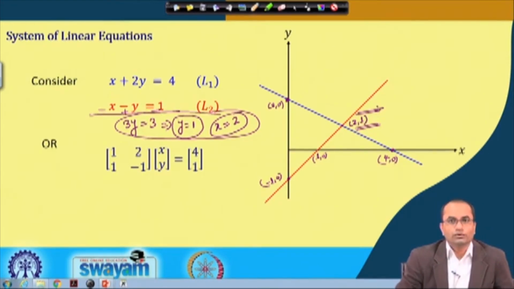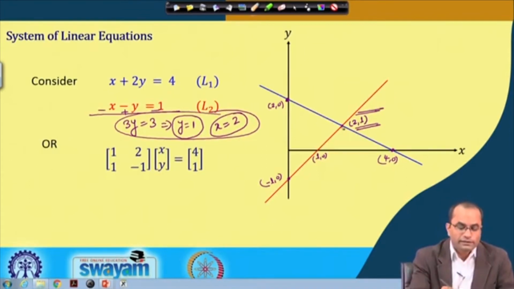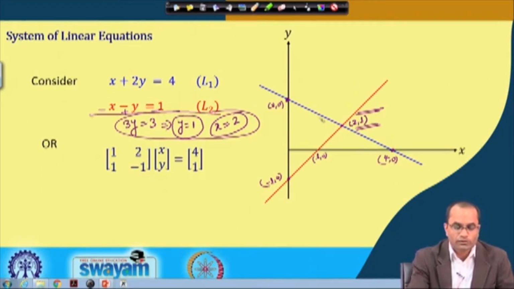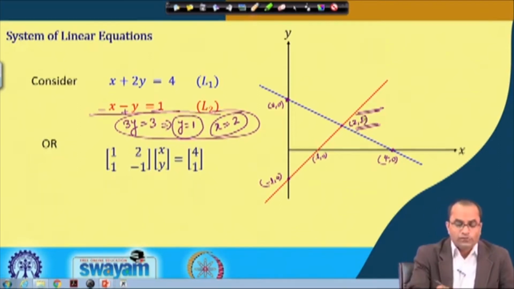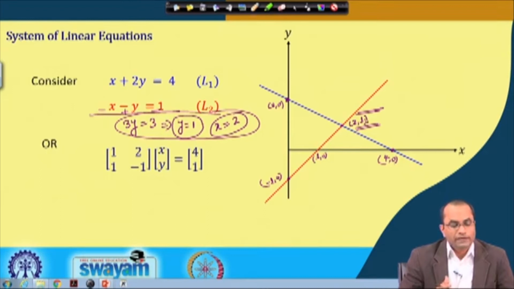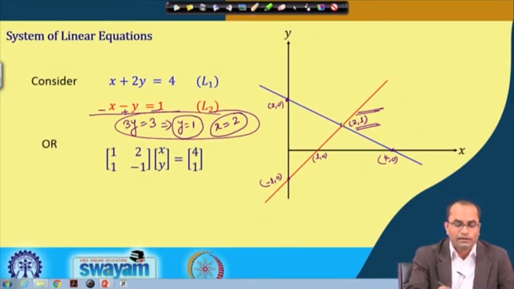Now, talking about the solution of this system of equations. Solution means a point x, y which satisfies both the equations. Clearly this point lies on the red line, and this point also lies on the blue line. So, naturally this point must satisfy both the equations because it lies on both the lines.